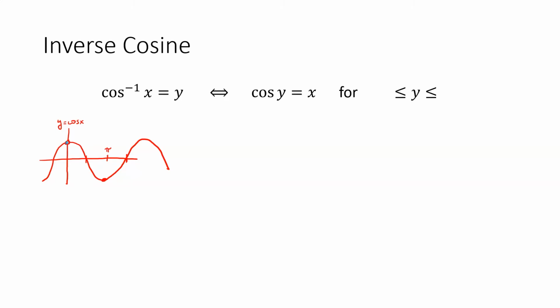So by restricting our domain here from 0 to pi, cosine is 1-to-1 on the interval from 0 to pi.